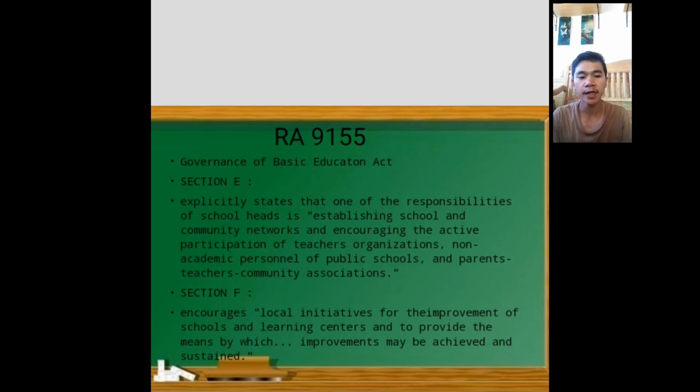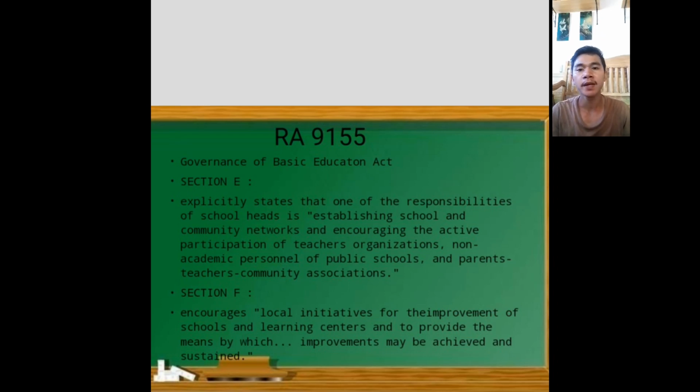In RA 9155, the Governance of Basic Education Act, Section E explicitly states that one of the responsibilities of the school head is establishing school and community networks and encouraging the active participation of teachers' organizations, non-academic personnel of public schools, and parent-teacher community associations.